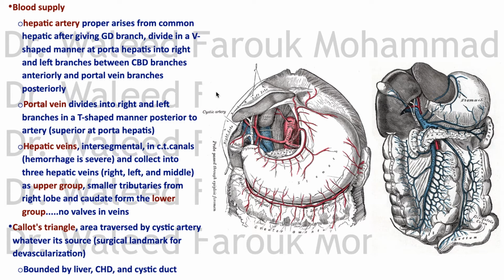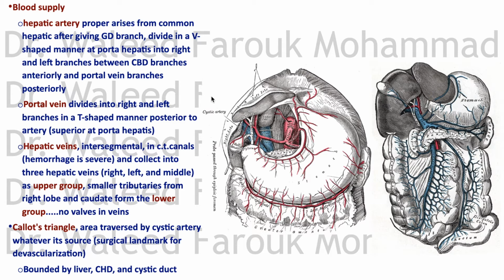Hepatic veins have no extrahepatic course. They are all intrahepatic, and they run in canals, the walls of which are made by connective tissue, so they are always kept open to make sure that the blood flows as fast as it can.